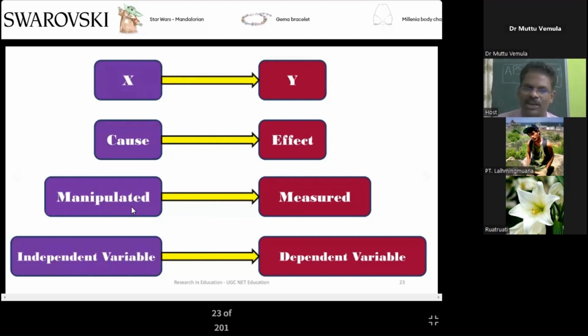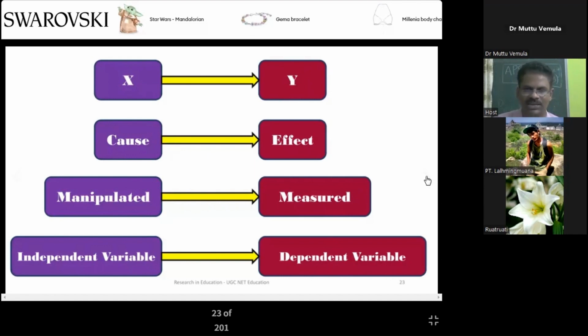This is manipulated. Whereas this is measured: what is the achievement level? 60%, 50%, 70%, 90%. So therefore, this cause or manipulated variable is known as the independent variable. On the other hand, the effect or the measured outcome result is known as the dependent variable.